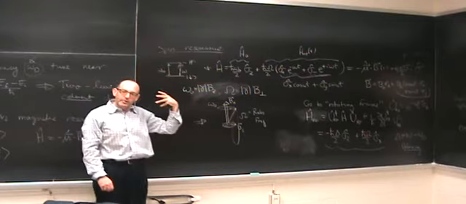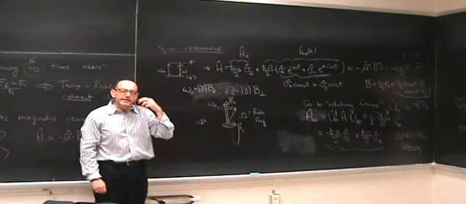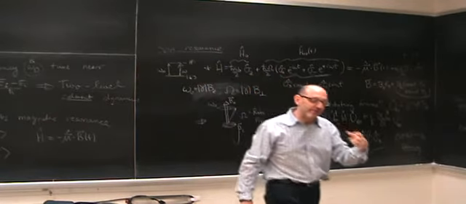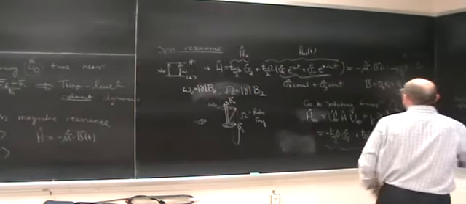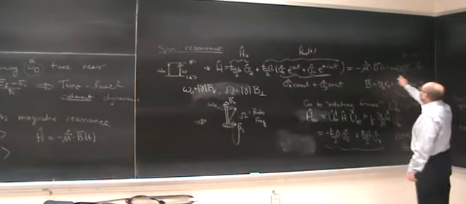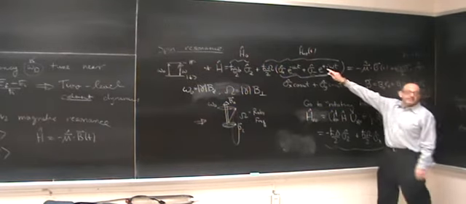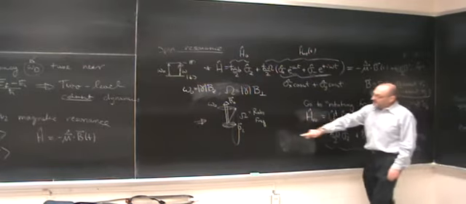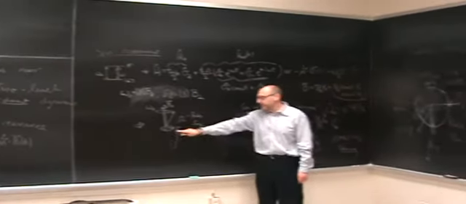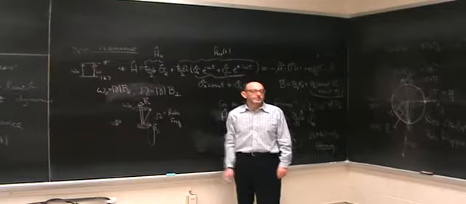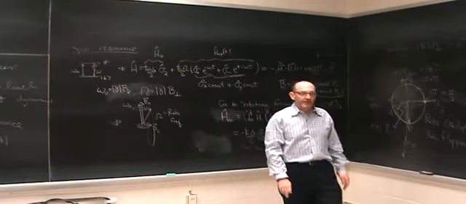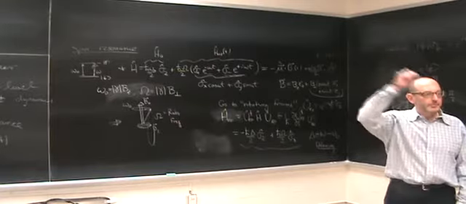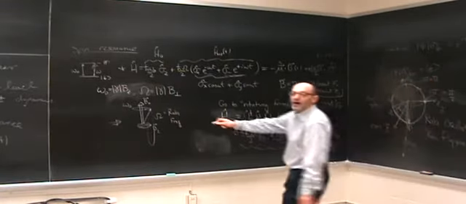And the rate at which it does that depends on the Rabi frequency. The Rabi frequency is proportional to the strength of the interaction. It is proportional to the amplitude, which in the spin case was proportional to the magnitude of the transverse field. That is the rate at which it precesses from down to up.